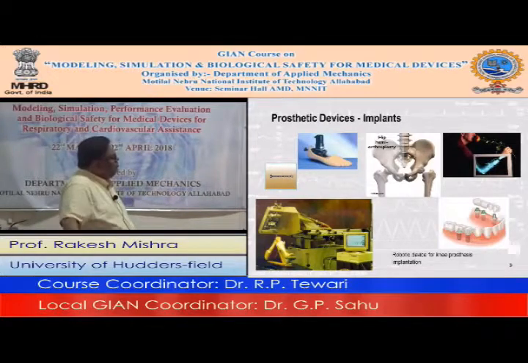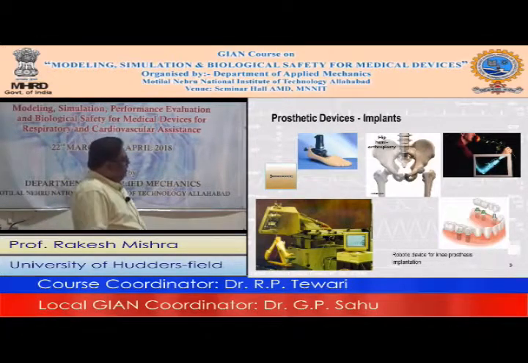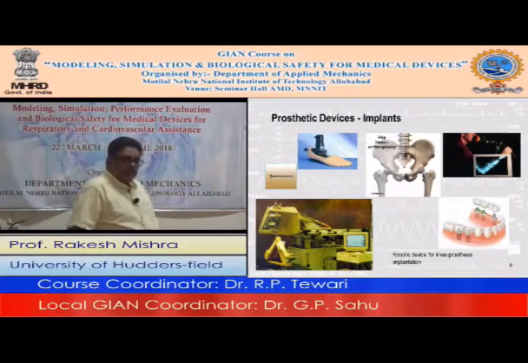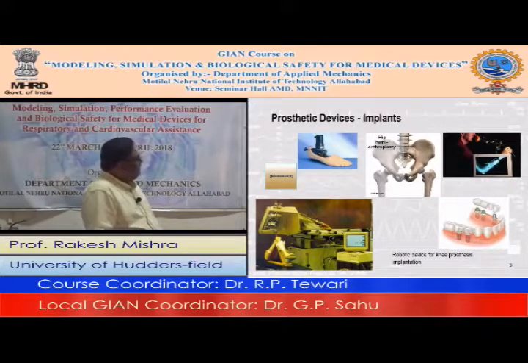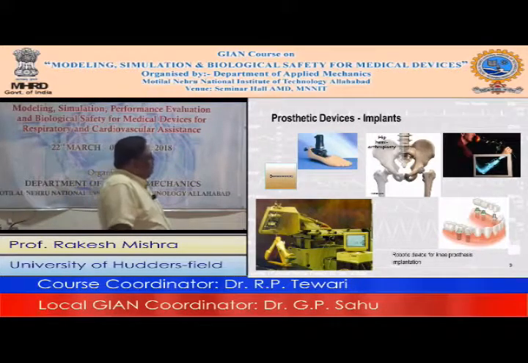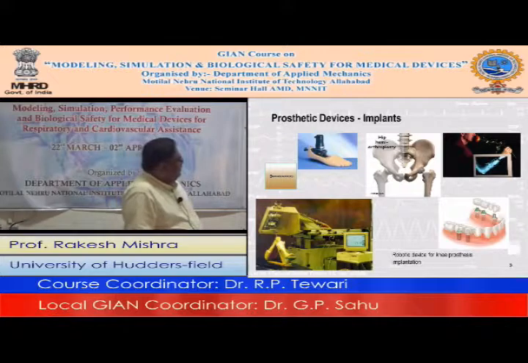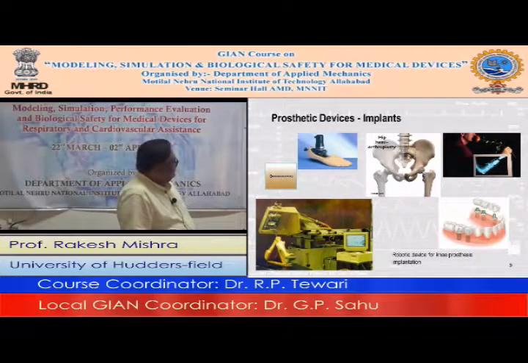I have shown you some other examples of medical devices. So you can see implants or devices, we are saying the same thing. This implant is a medical device. Here you can see hip hemi arthroplasty, the implants for the foot, the elbow.